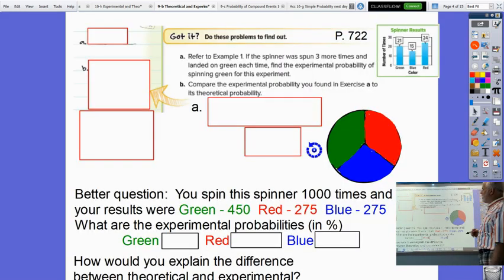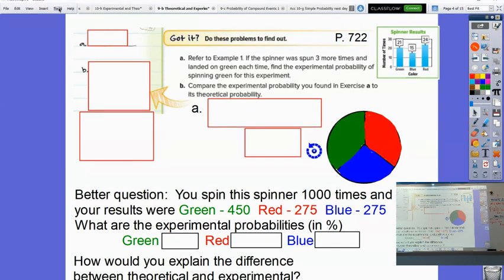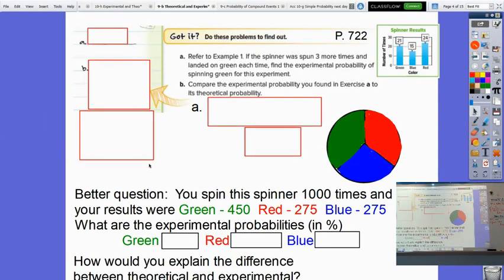Okay, let's continue on first. So, an example. Let's say the spinner was spun 3 more times and it landed on green each time. Now what's the experimental probability of green?